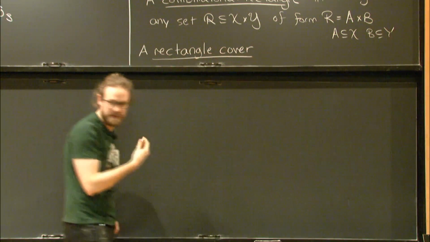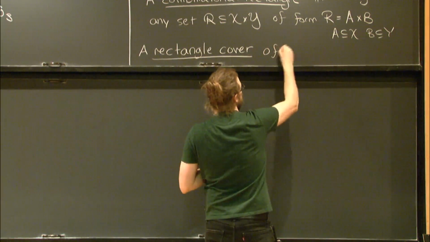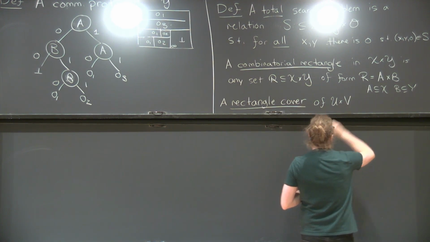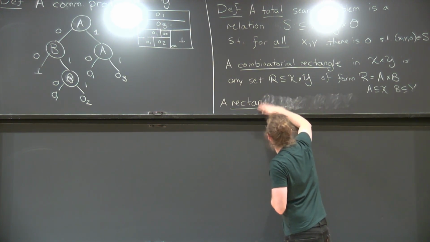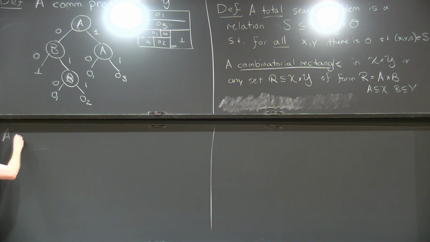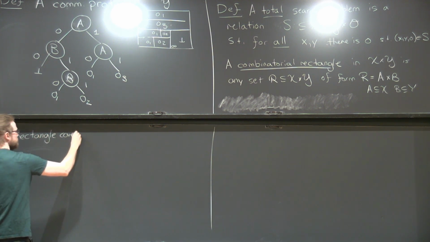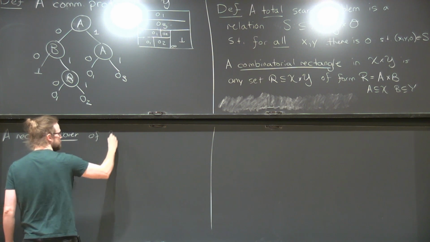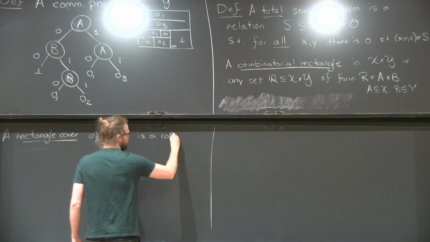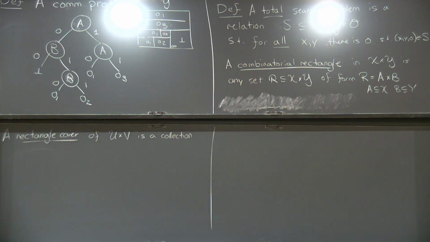And now finally, this is going to be the rectangular search problem. A rectangle cover of U cross V is just a collection of combinatorial rectangles which cover every entry.